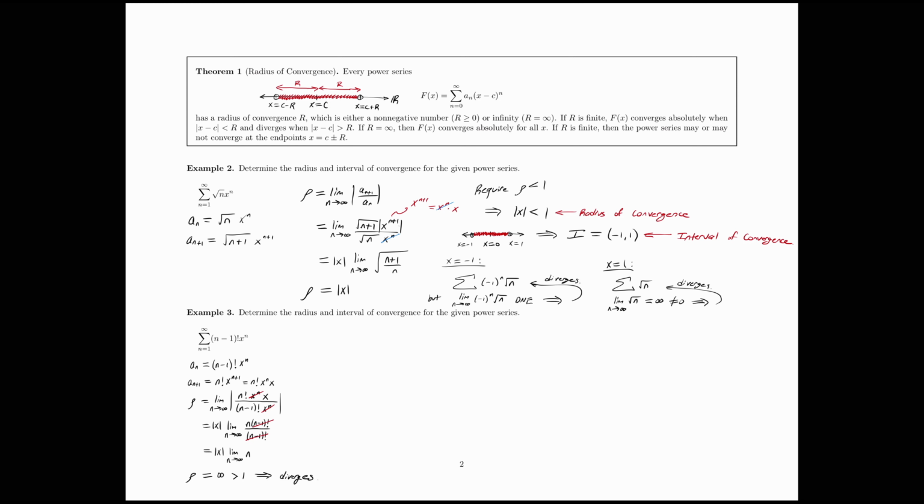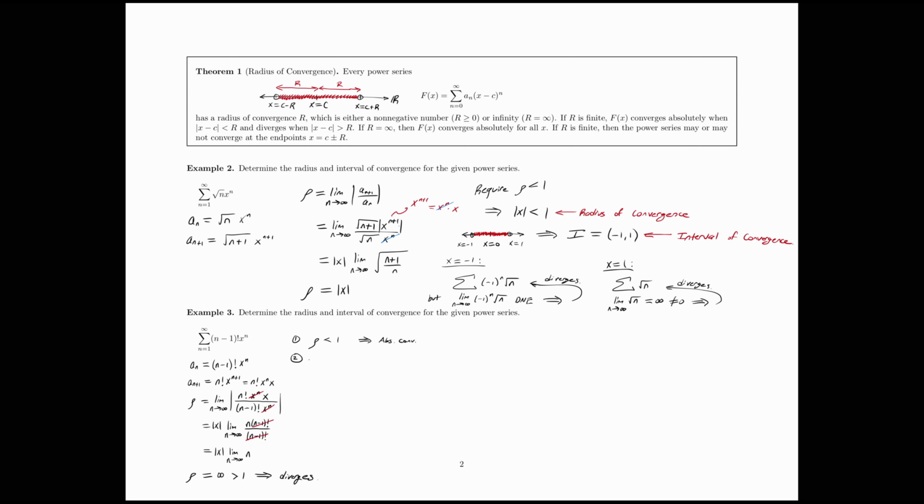So the misconception and the pitfall that's common among Calc 2 students learning this for the first time is when they get this infinity answer, they want to just say that the radius of convergence is infinity, and that's not true. Remember, what does the ratio test say? The ratio test has 3 different possible conclusions. Conclusion 1 is that rho is less than 1, in which case we have absolute convergence.